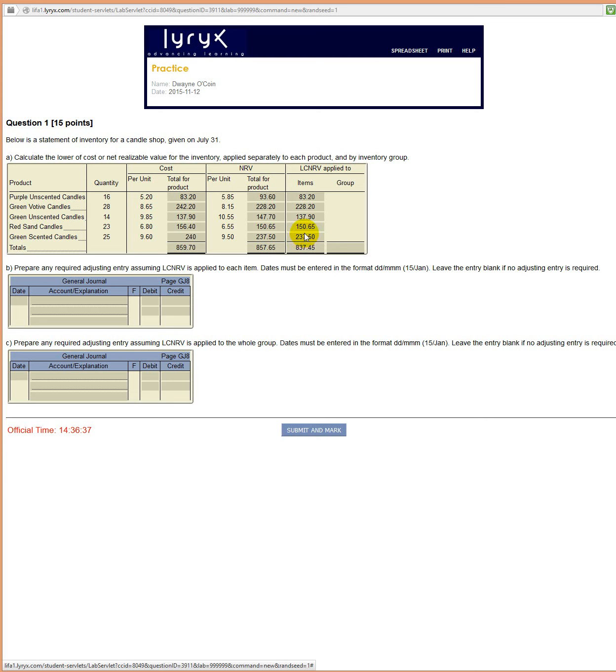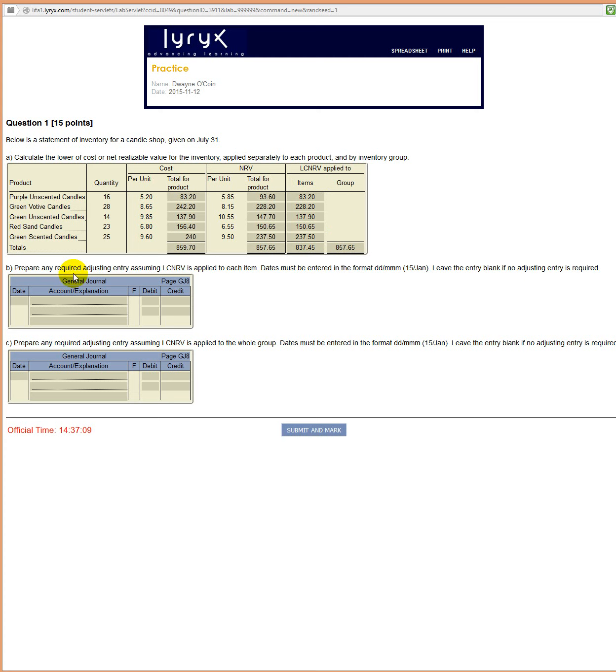So those three items would reduce the cost of the inventory if we apply them on an individual item basis. On a group basis, we're comparing the 857.65 to the 859.70, and the lower of those two numbers is the 857.65, which is the net realizable value number. So we have an adjustment required whether we're using individual items or whether we're using the group.